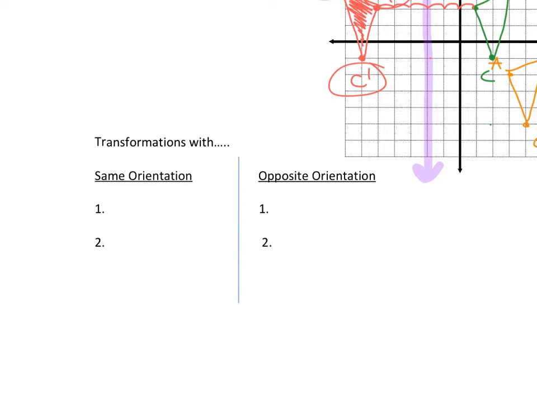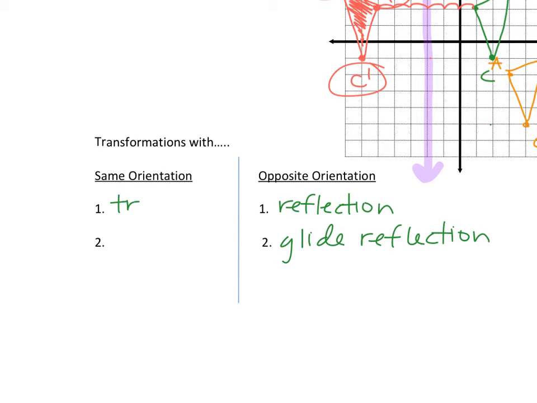Because you're naming your letters in the opposite order. So one goes clockwise, then the other one goes counterclockwise, okay? So anything that has a reflection in it is opposite orientation. So reflection or glide reflection. Okay, so what has same orientation then? Translation and rotation.